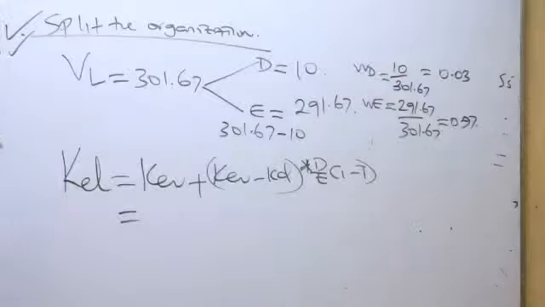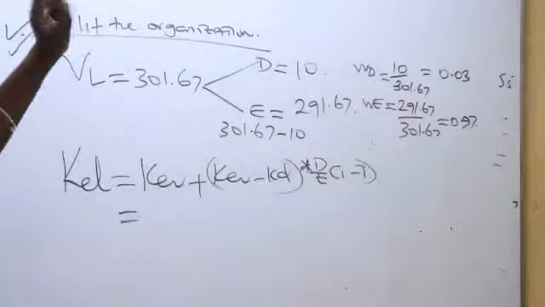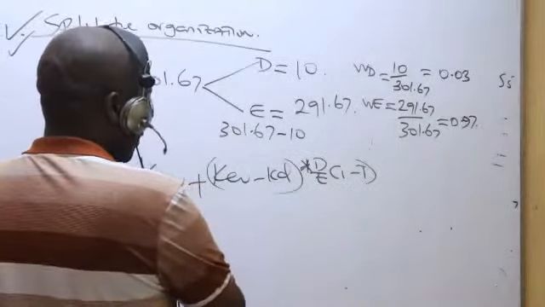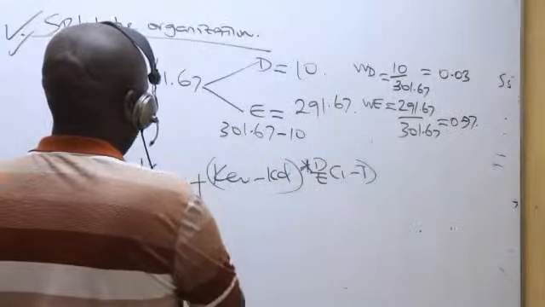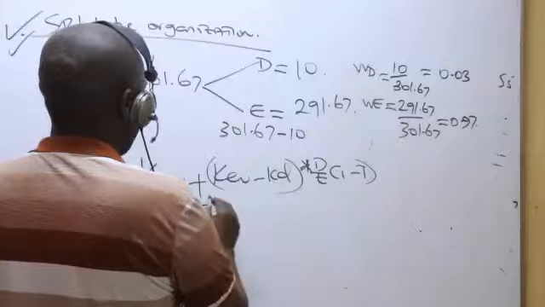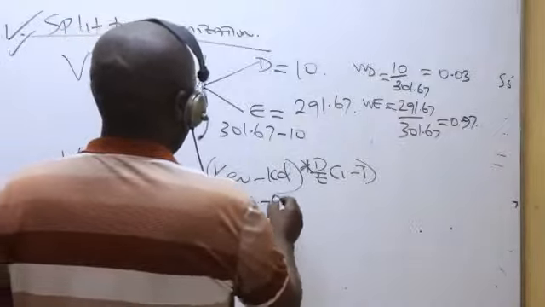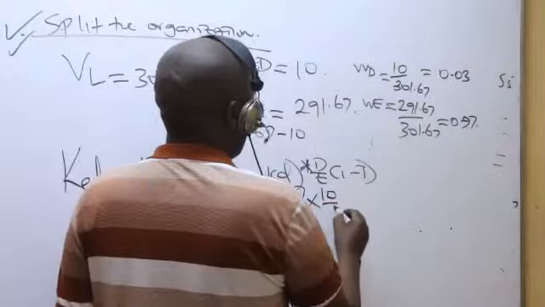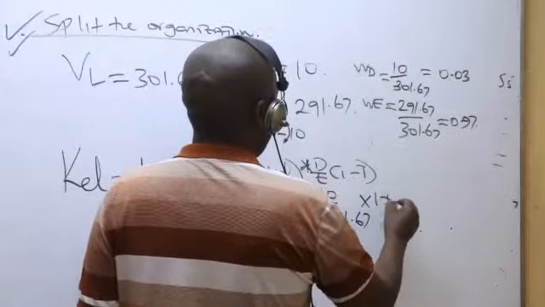Ku is the cost of equity of the unlevered firm, 12%, the same as 0.12, plus (0.12 minus Kd of 0.07) times debt, 10, over equity, 291.67, times (1 minus 0.3).